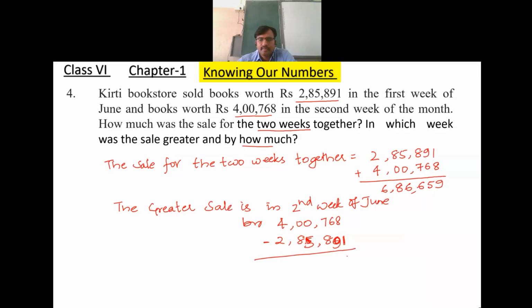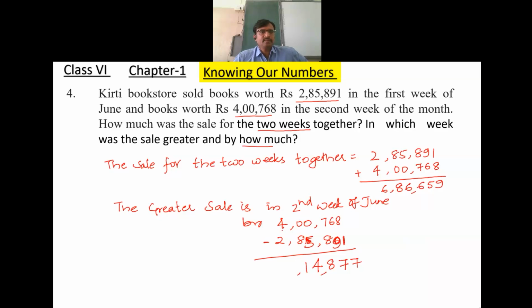8 minus 1 is 7. 16 minus 9 is 7 again. Now 6 will be remaining here. So 16 minus 8 will be 8. Now this has become 9. 9 minus 5 is 4. 9 minus 8 is 1.